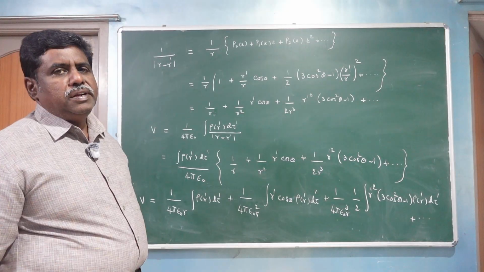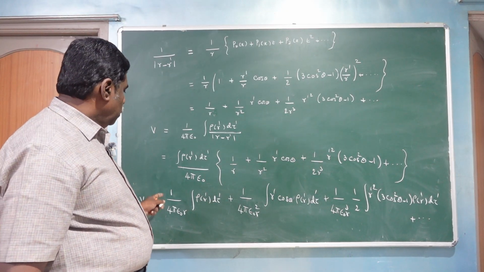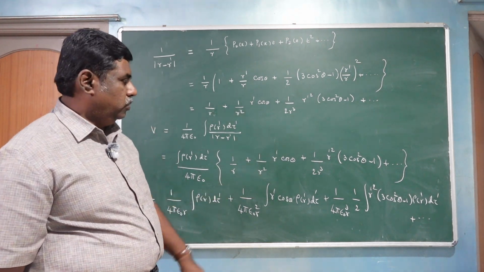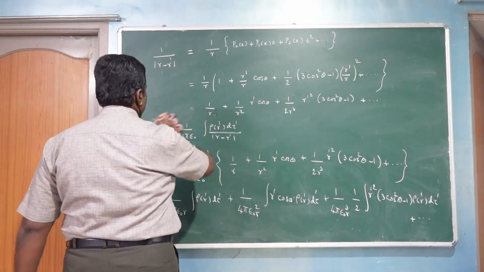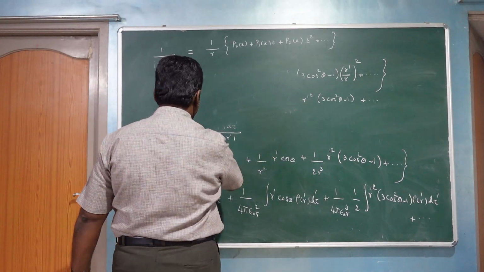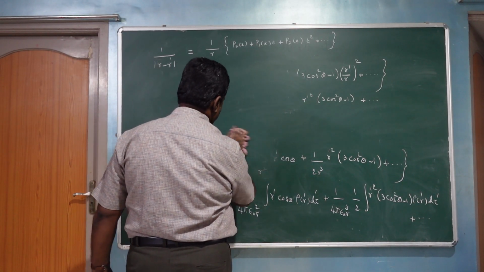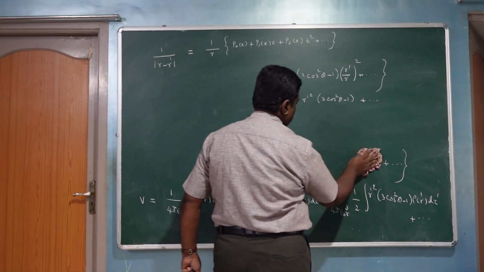Among the aforementioned terms, only the non-zero terms are contributing to electric potential. Now consider the first term, which is called the monopole term.